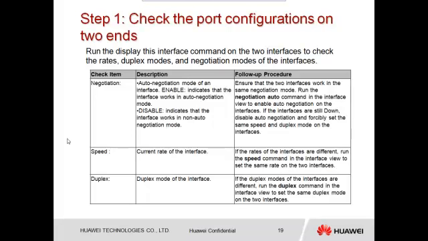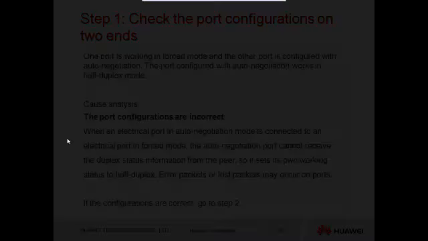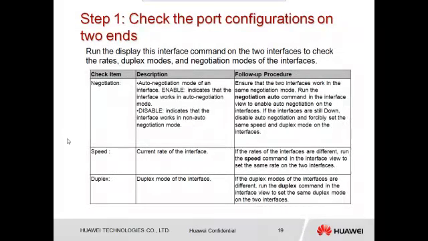If the duplex modes of the interfaces are different, run the duplex command in the interface view to set the same duplex mode on two interfaces. And these three items are the most important parameters of the interface.